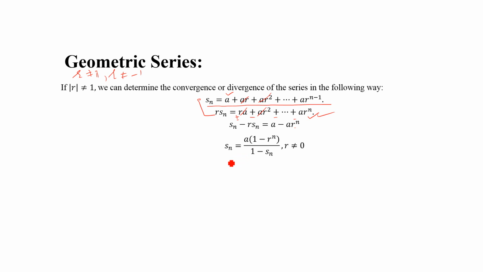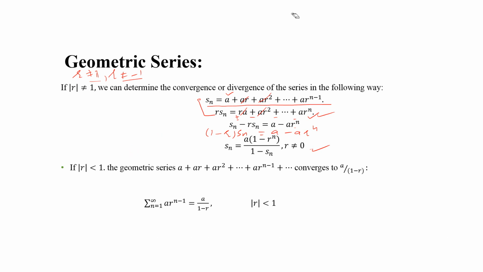Now taking Sn common, we have this expression, and so we have the value of Sn equal to a times (1 minus r^n) over (1 minus r), where r is not equal to 0, r is not equal to 1 and r is not equal to minus 1.